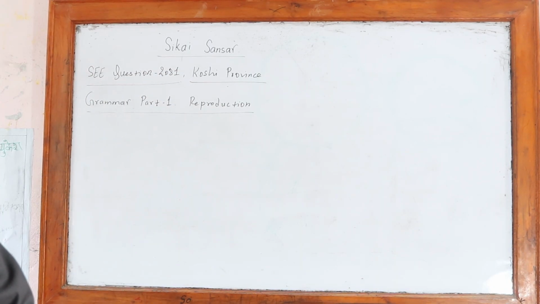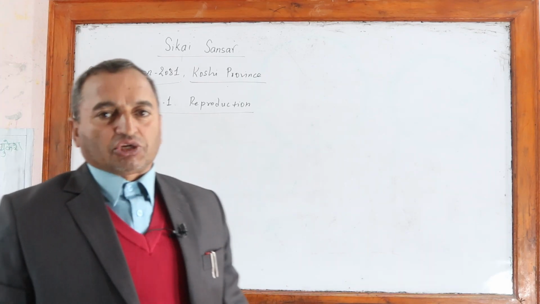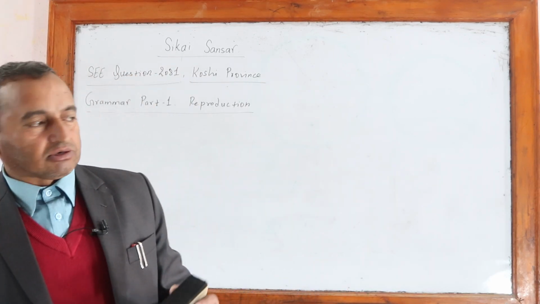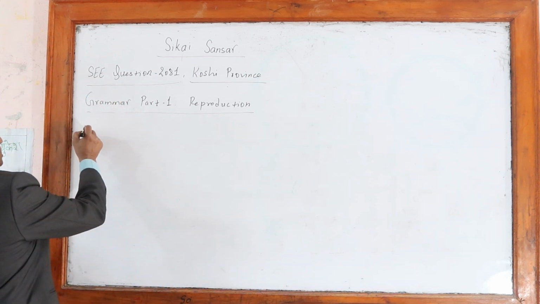The fifth question says, "They have kept the books on the racks," change into passive. Voice and narration, two things are left here. So in question number 5, an active sentence is given.